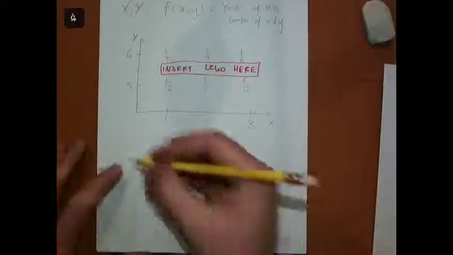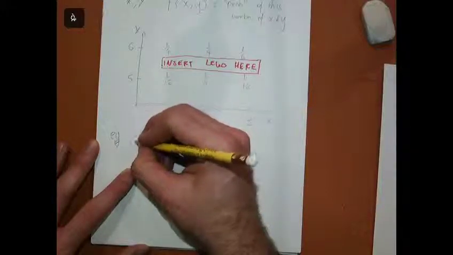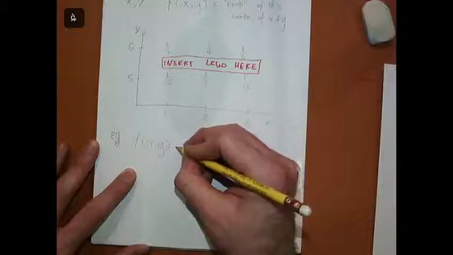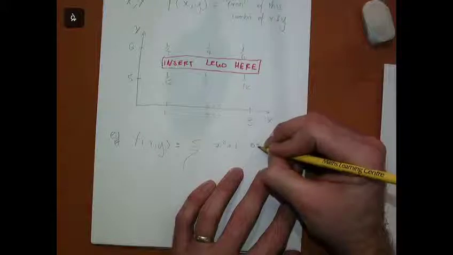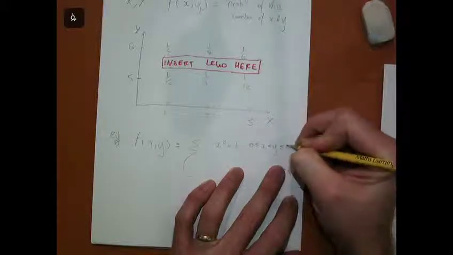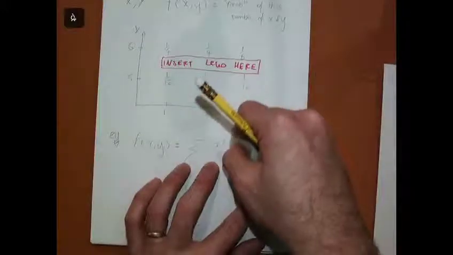So it's time to do an example. Let f of x and y be x squared plus 1 for 0 less than or equal to x, which is less than or equal to y, which is less than or equal to, say, 5. Or maybe not x.